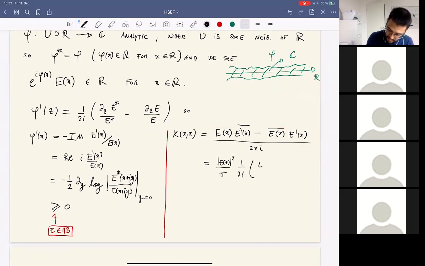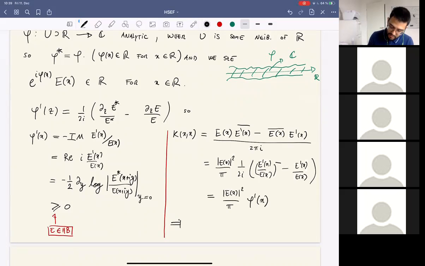You will see that you get E'(x) divided by E(x), this whole thing conjugated, minus E'(x) divided by E(x), which again is minus the imaginary part, which we just computed, which is the derivative of the phase function.